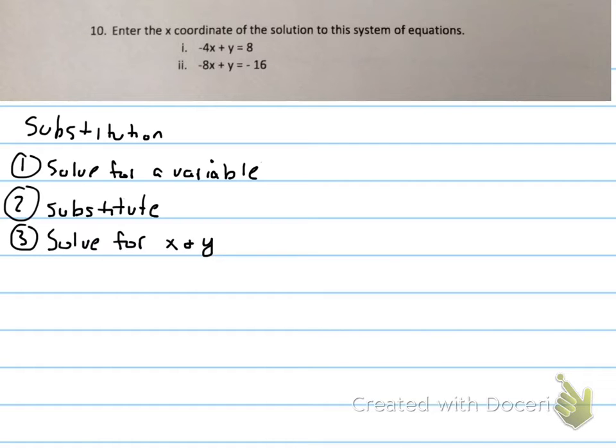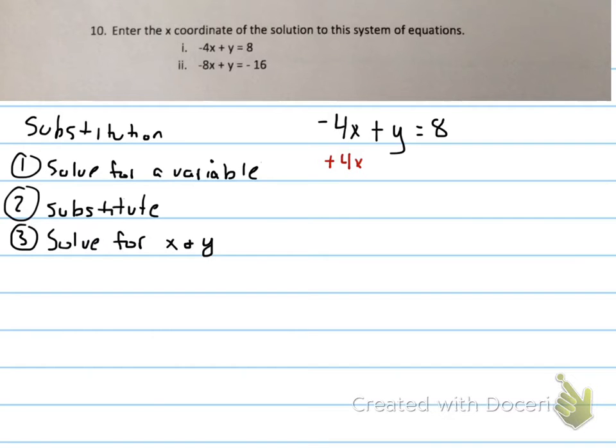So the equation is this: negative 4x plus y equals 8. What am I going to do? I want to solve for y because y has no coefficients next to it, so I could do it in one step.